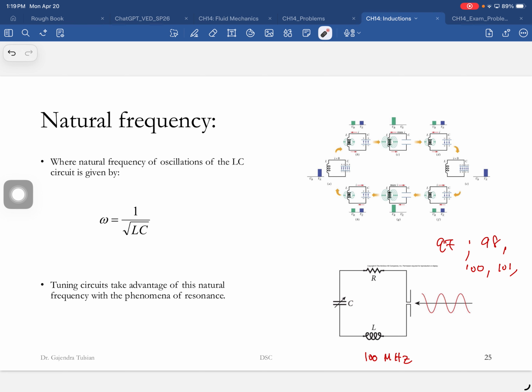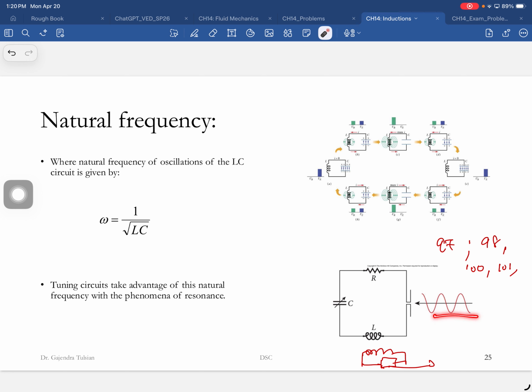And then what you do is you couple this signal via a mini transformer, and then this is the processing circuit. So you catch the signal using this tuning circuit. This is how you listen to a wireless signal. So at the heart of every wireless device is this circuit.